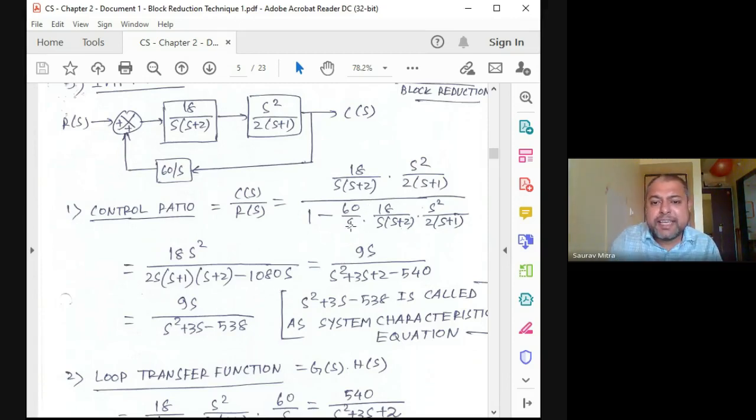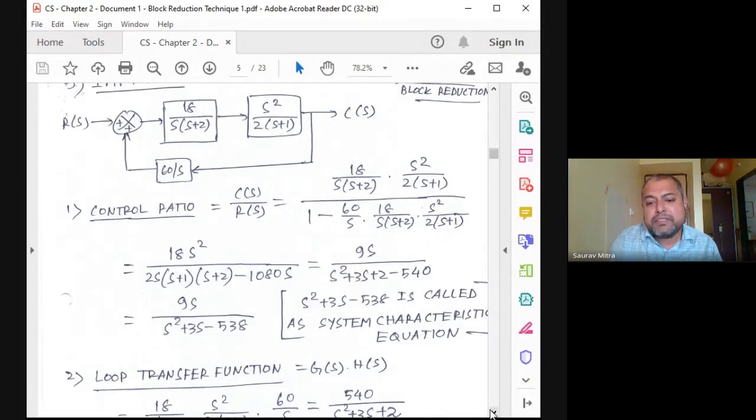Just cancel it, take this 2s into s plus 1 into s plus 2 here, minus the multiplication of all the numerators, that is 1080s, and then keep on solving. Divide by 2, and this becomes s square plus 3s minus 538.